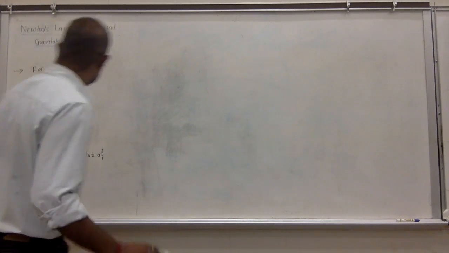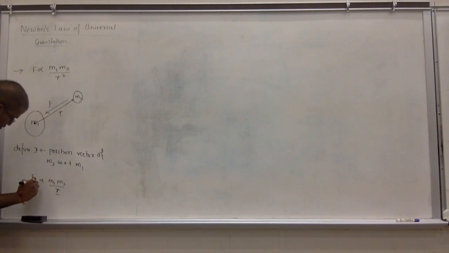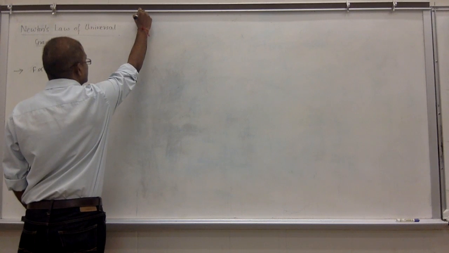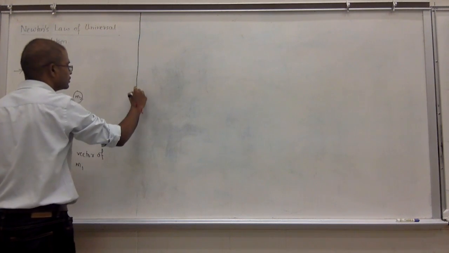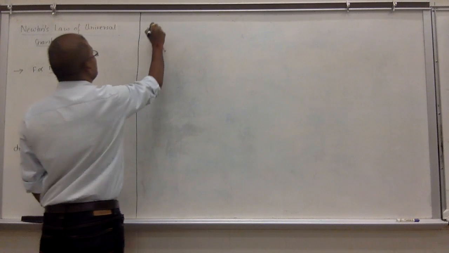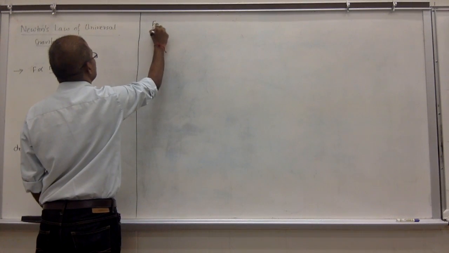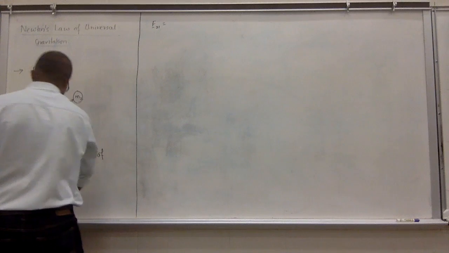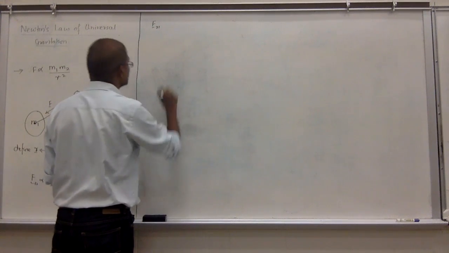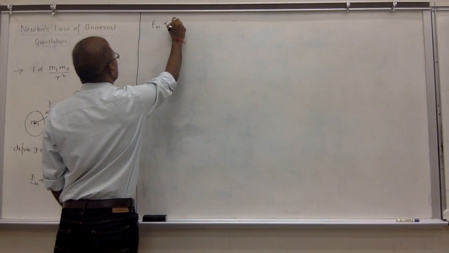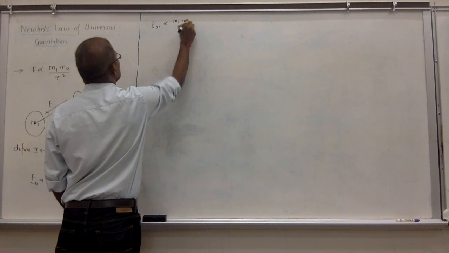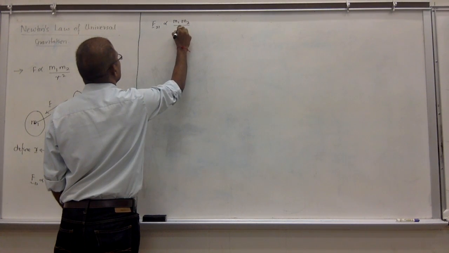So you can say this is 1, 2, and you have F21 as well, proportional to M1 M2 over R square.